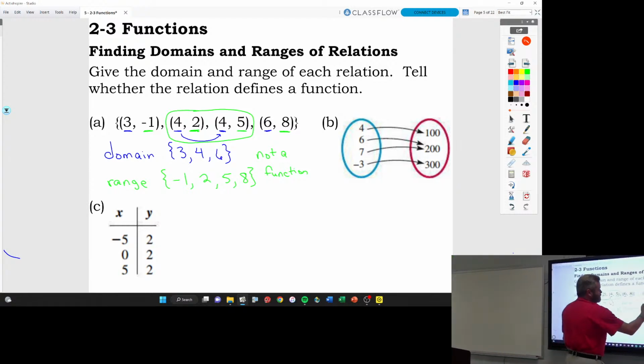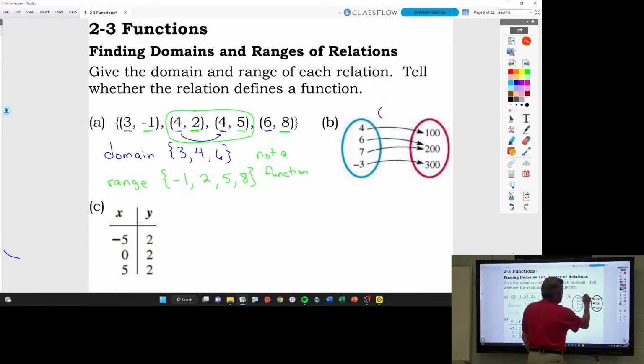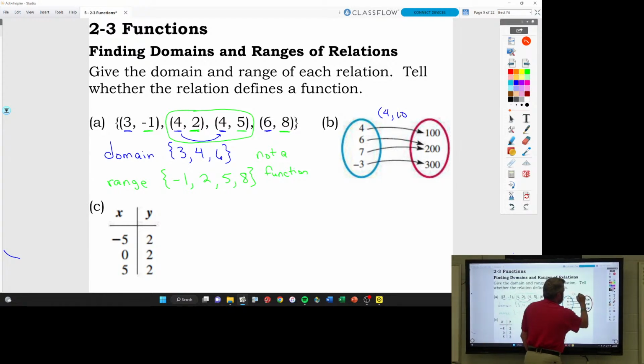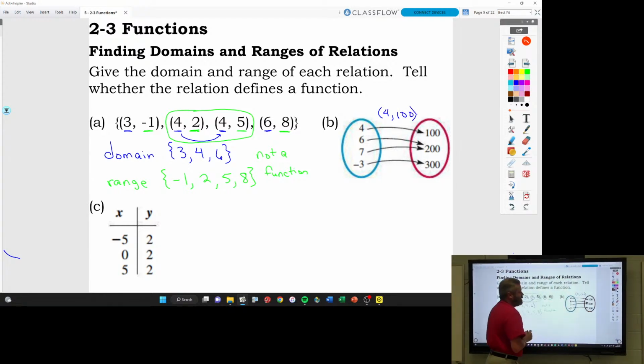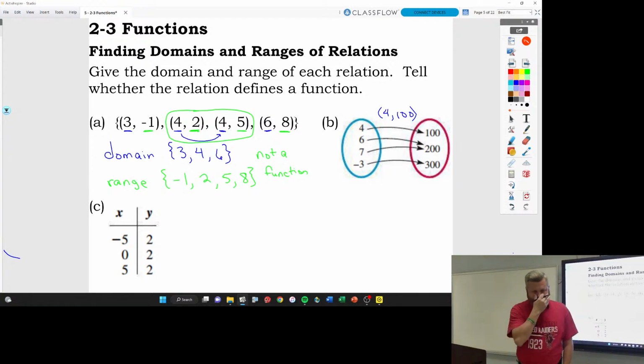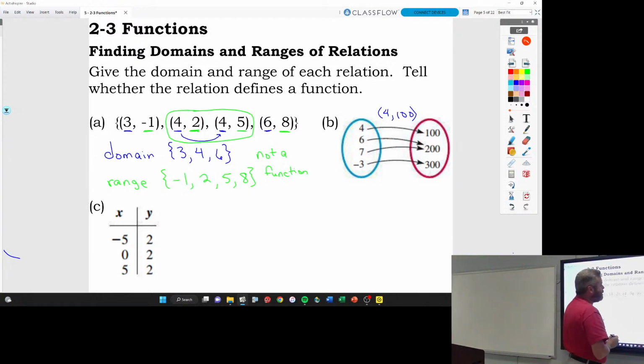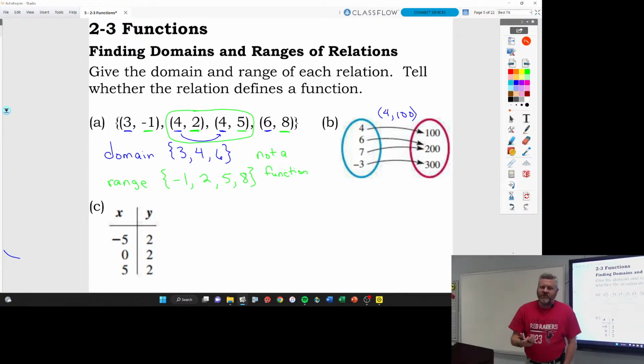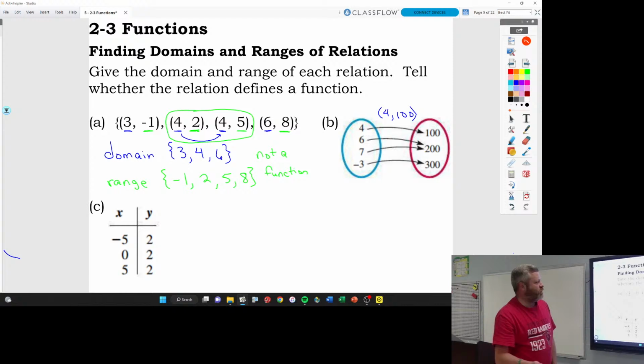That 4, 100 at the top represents the coordinate or the point. A mapping is just another way of displaying data. The nice thing about a mapping is that if a data value is repeated, they don't write it down twice; you'll just see multiple arrows.